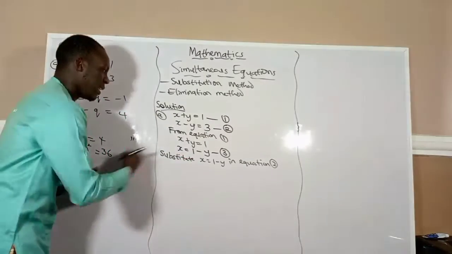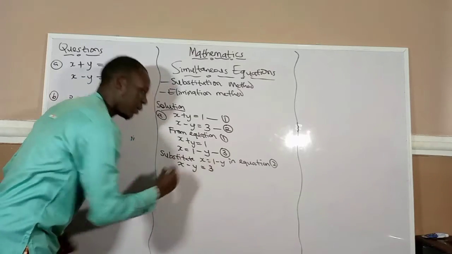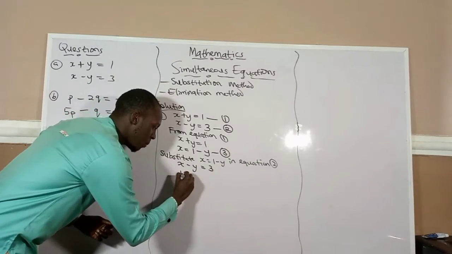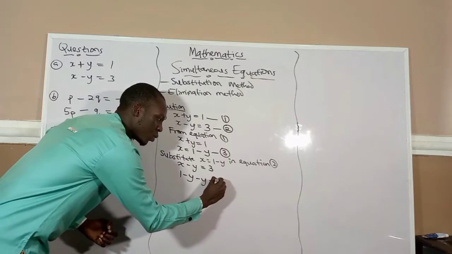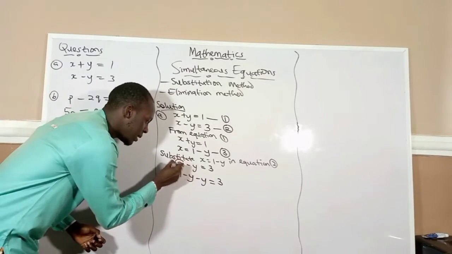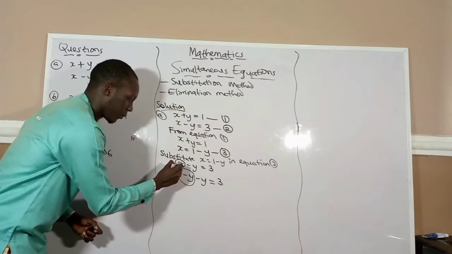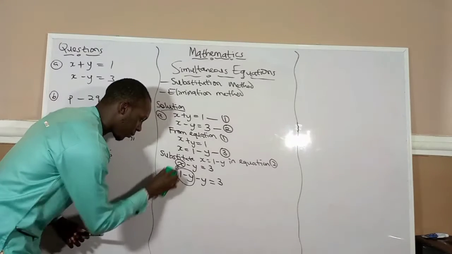So let's go. Now, equation 2 is x minus y equals 3. Now, my x now is 1 minus y. And then I still have my minus y, which is equals to 3. That means this x is the same thing as all of this here. So what do I do next?